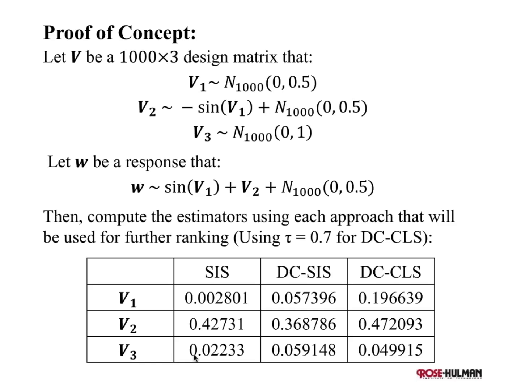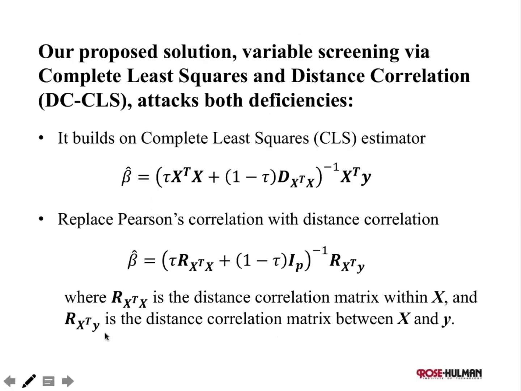And for DC-SIS, the numbers are actually just the distance correlation between V1 and the response, and V2 and the response, and so on. And for ours, it's this beta estimator that we estimated from this expression here. Does that answer your question?